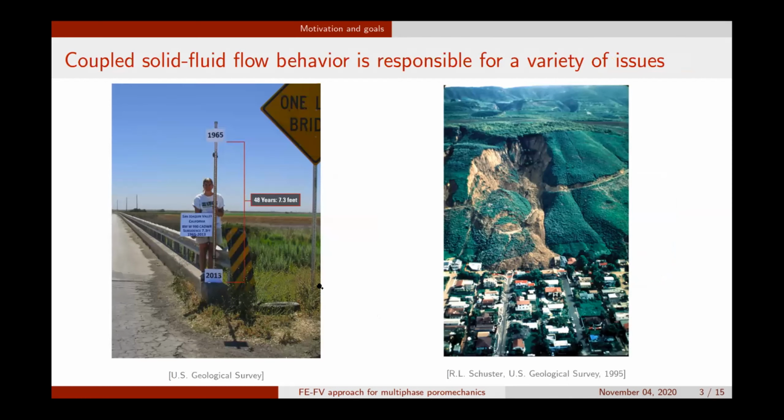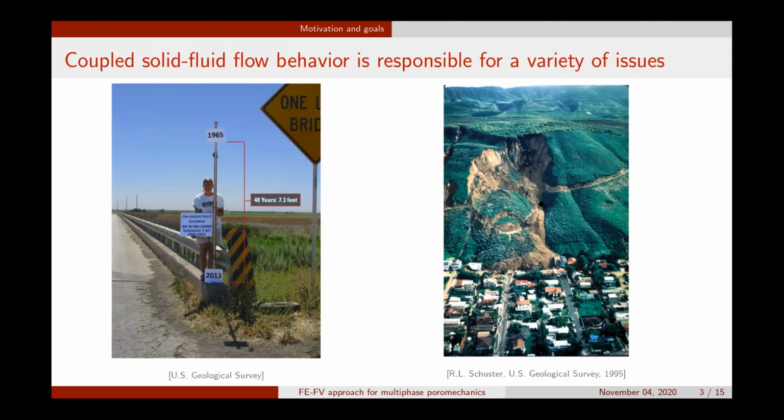For example, here on the left, we see how the soil has sunk by several feet, and this was only due to the draw in the area. This picture was taken here in California at the San Joaquin Valley. On the other side, we see an image of a landslide, the La Conchita landslide, that caused the death of more than 100 people.